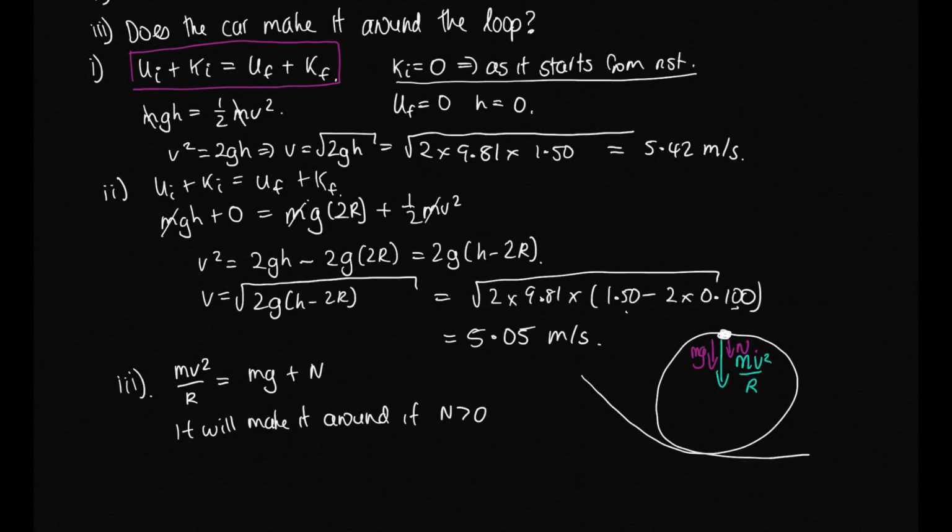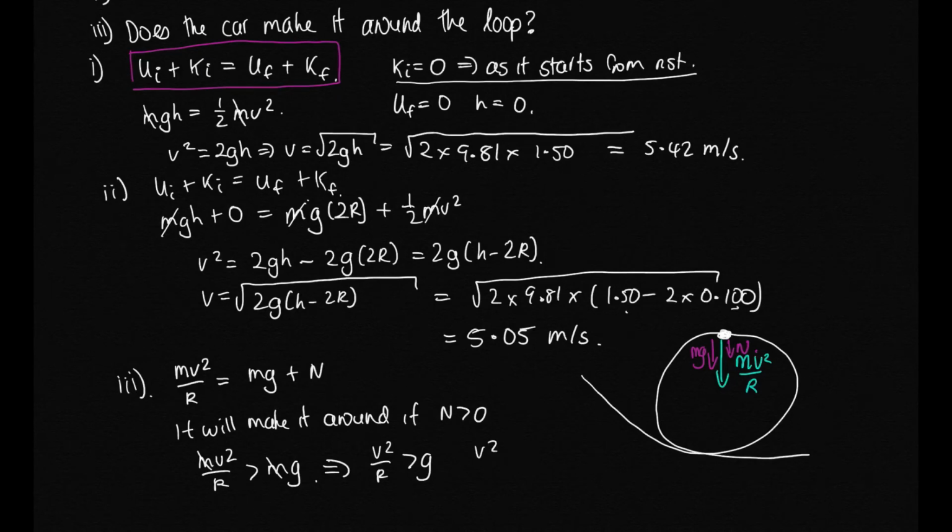If the normal force is less than 0, then that's indicating to us that the car has lost contact with the loop. So to have N greater than 0, we need to have mv squared on r greater than mg. So we can cancel out the m's. So this tells us that we need v squared on r greater than g. So let's calculate v squared on r.